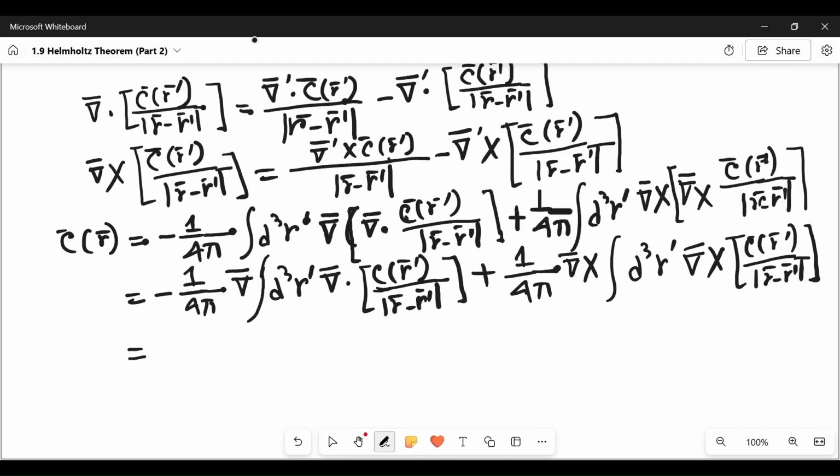The next thing I need to do is incorporate these two equations into the integrals.